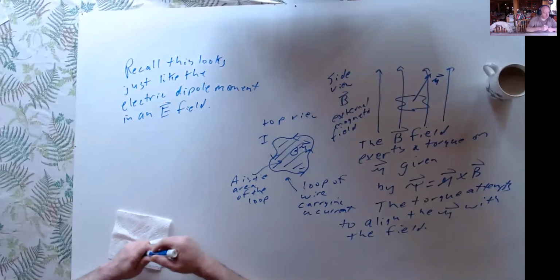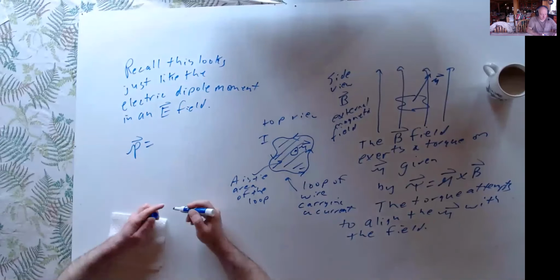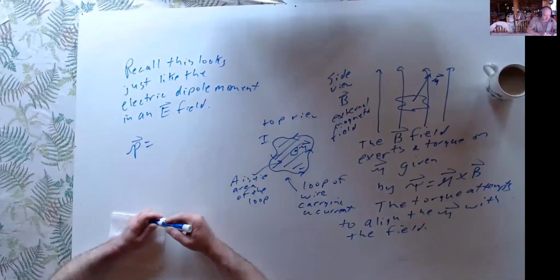How did we define electric dipole moment? Remember, we had a P. This is our electric dipole moment. And how did we define it? This is a definition.